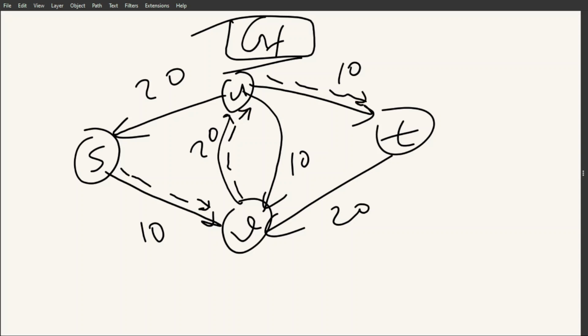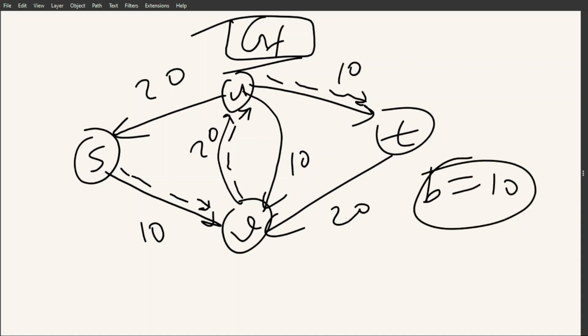So here we have a simple S to T path, S V U T. So we find the bottleneck. Bottleneck is simply the least weight of any edge. So 10, 20, 10. So 10 is the bottleneck. So for this we have b equal to 10.